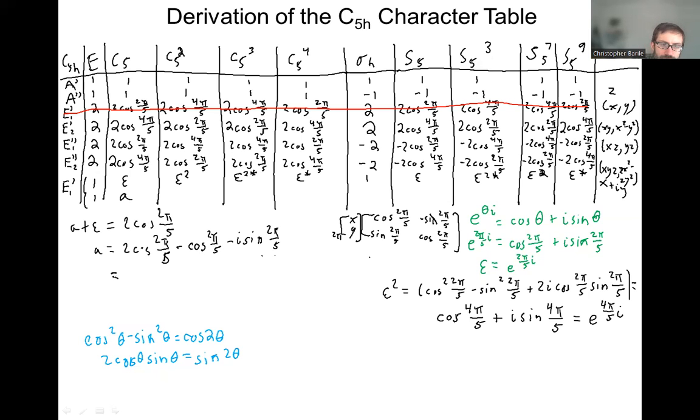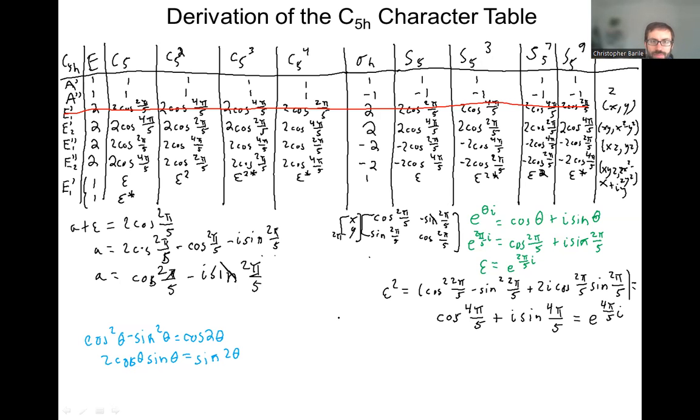And so that's going to be equal to, we just have 1 cosine 2 pi over 5 minus i sine 2 pi over 5. Well, that's just equal to what epsilon is, except the i component is negative. And that's the definition of a complex conjugate. So this a value is just equal to the complex conjugate of epsilon.